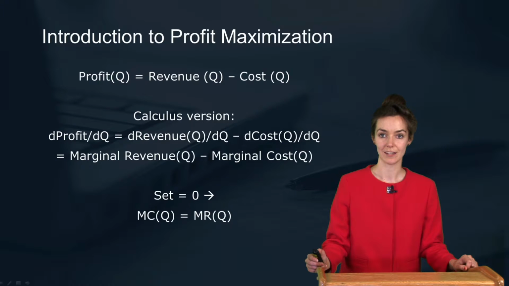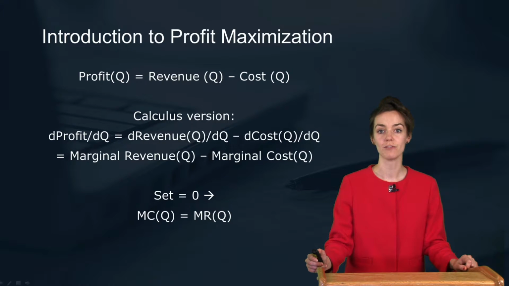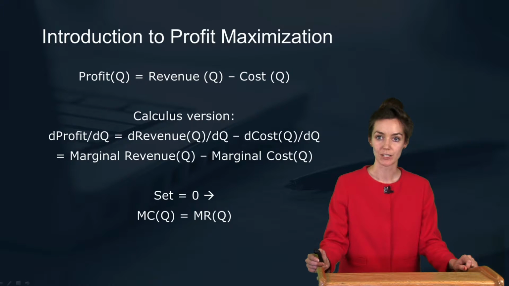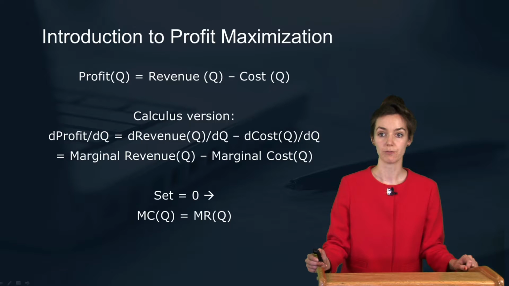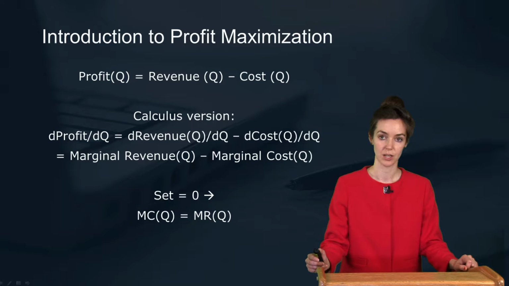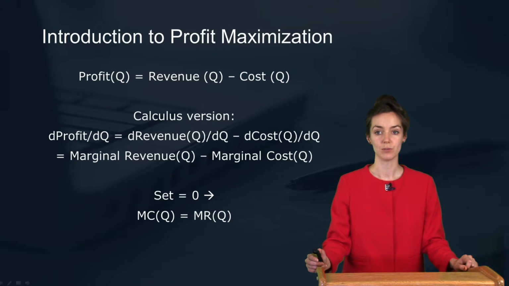So to calculate actually the point of profit maximization, we can use calculus. So recall that our profit equation is profit equals revenue minus cost. And remember, when we're maximizing, we're going to take the derivative of profit and then set it equal to 0 and solve for Q. So the derivative of profit is going to be equal to the derivative of revenue with respect to Q minus the derivative of cost with respect to Q. But we know that the derivative of revenue with respect to Q is just marginal revenue, and likewise for cost, it's just marginal cost.